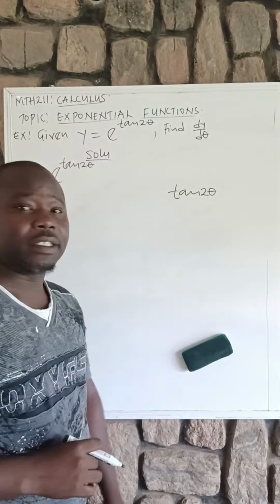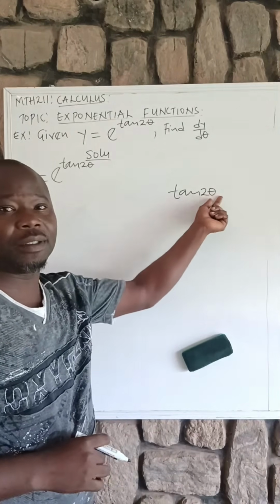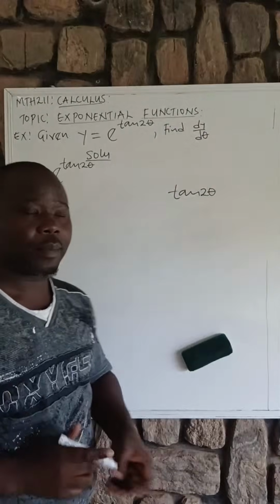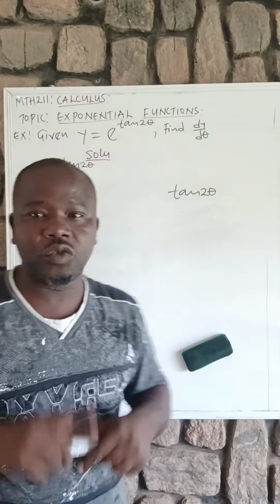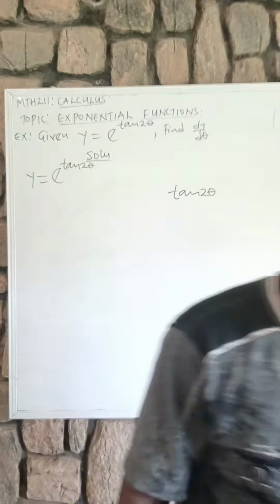I think I've taught you how to differentiate tan 2 theta or tan 2x. So who can tell us the answer? If you can tell us the answer, I'm going to give you 2 marks. And I give you 2 minutes to do that. I'm waiting, please.